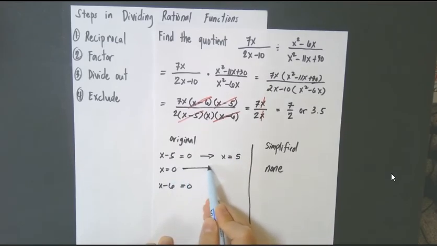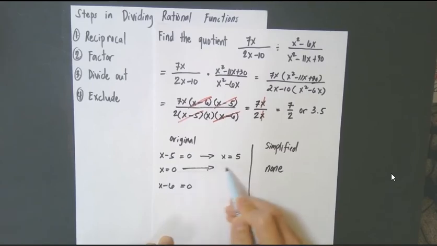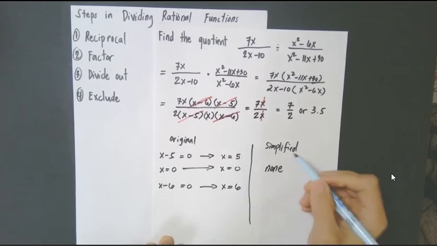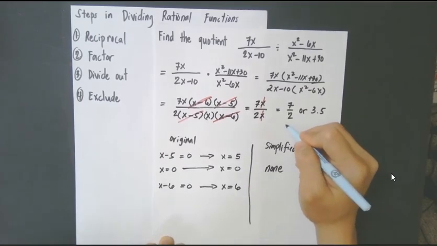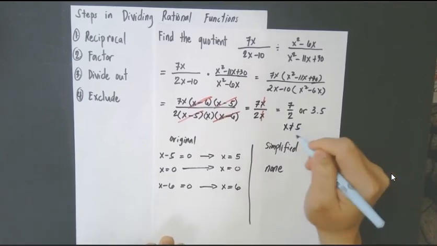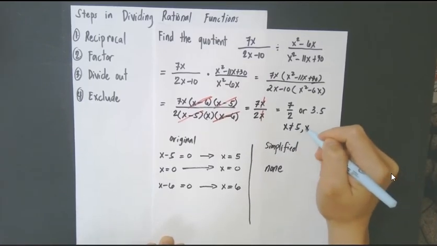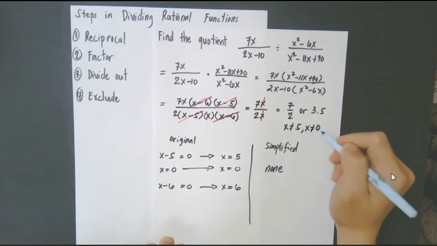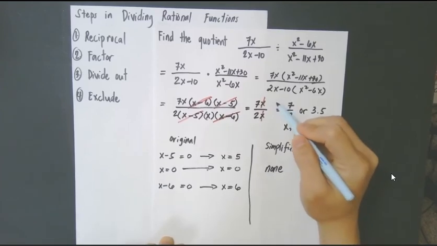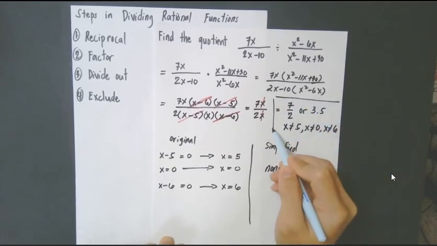You do your simple math here, same thing, it's already equated to 0. Now here, do your simple math, you'll get x equals 6. So these are now your excluded values. So you just add that to your answer. So your x should not be equal to 5, and your x should not be equal to 0, and your x should not be equal to 6. So that should be your final answer.